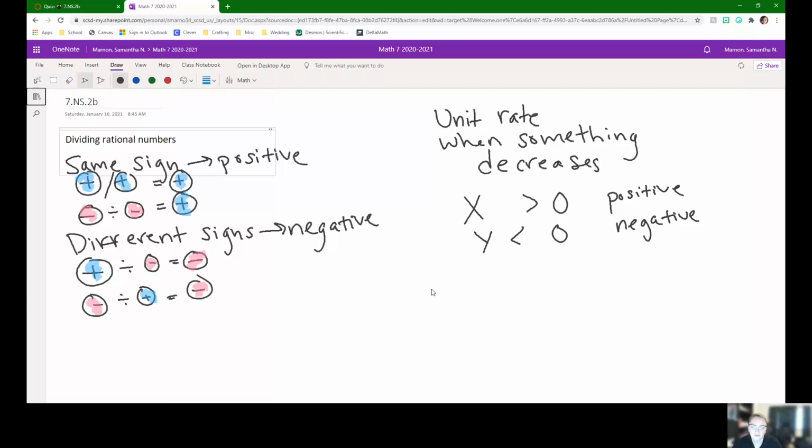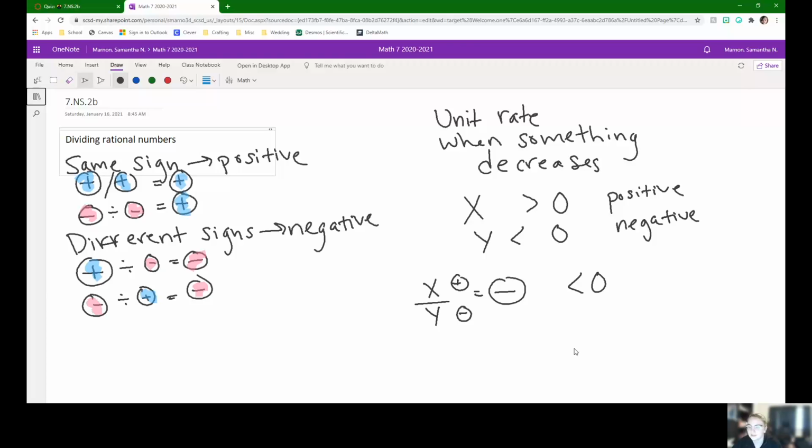Then if they ask you x divided by y, is it going to be positive or negative? I know this is a positive number divided by a negative number, so I'm going to get a negative answer. So that would be less than 0.